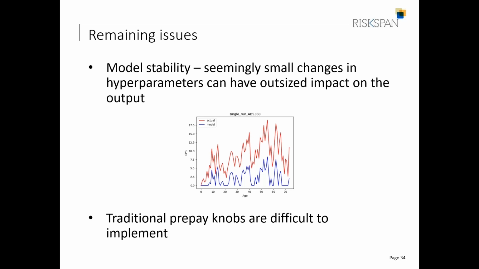So it's very important to get those right and to understand how tweaking those will affect your results. And then, one of the major issues, I think, with this machine learning approach is that it misses giving the model user the ability to tweak and tune and use knobs on the prepayment model results.